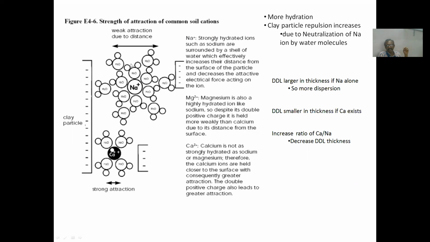They are strongly hydrated, and when they are strongly hydrated, a lot of water molecules come in between and make the clay particles move far away. This causes the expansion.